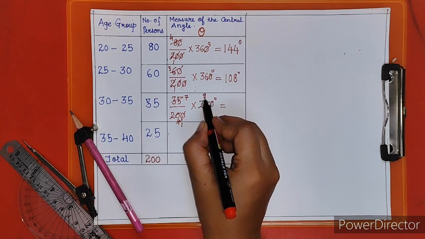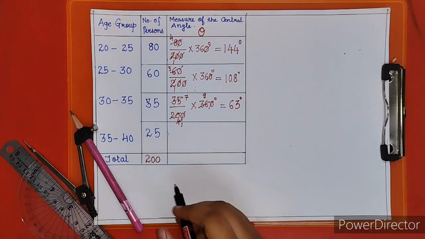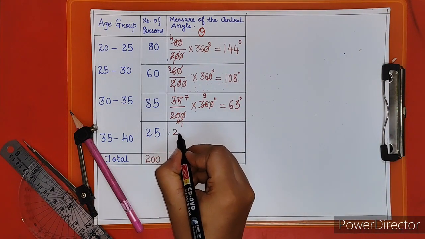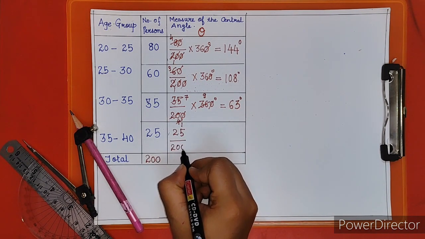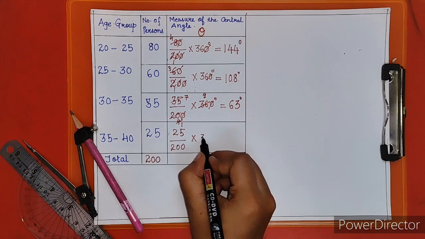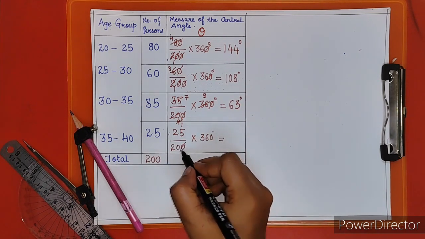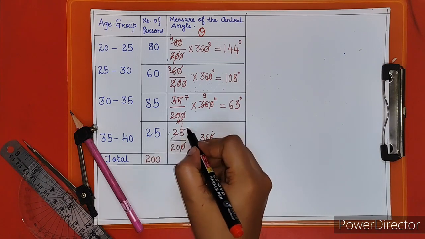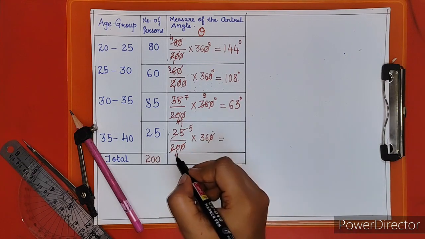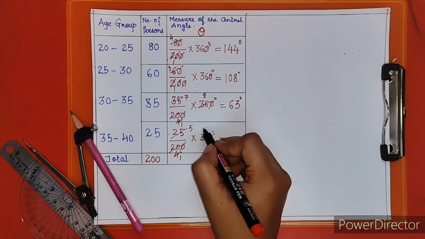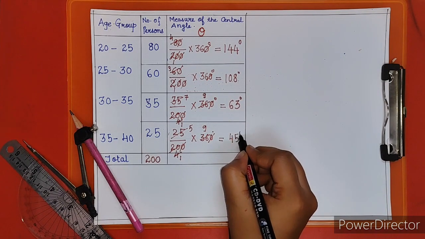So here 7 nines are 63 degrees. Next, the number of persons is 25. The total number of persons is 200. Multiply by 360, equals, zero and zero cancel. Same calculation: 5 fives are 25 and 5 fours are 20. 4 ones are 4 and 9s are 36. 5 nines are 45 degrees.